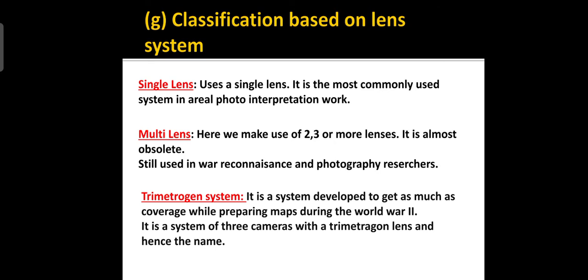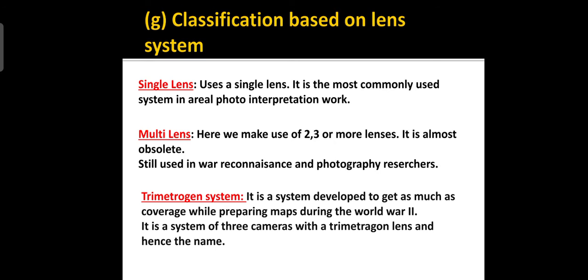It is almost obsolete, that is, it has been used much before. Now it is not used in photography, but still it is used in reconnaissance and photography research. This is a very outdated technology.